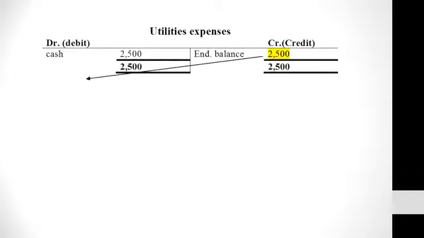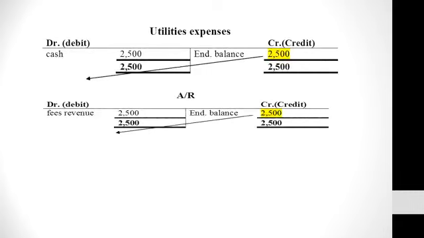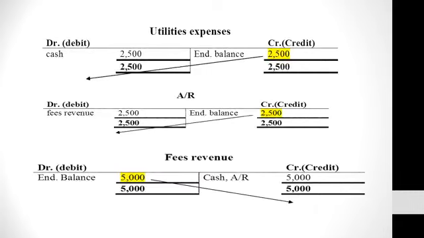The same goes for utilities expenses, accounts receivable, and fees revenues. For those accounts with only one figure, it is very simple. Like utilities expenses, we only have 2,500 in the debit side, and the other side is empty. So 2,500, I'm going to place it here in the debit and here in the credit.